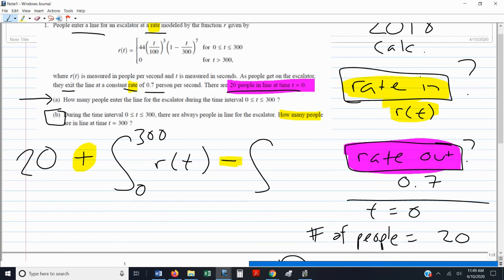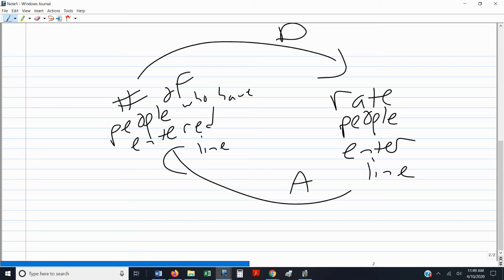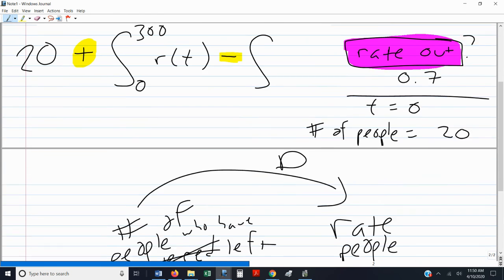That's our rate out. So I could go back to the same diagram and just change it, rate that people leave the line. The antiderivative would give us the total number of people who have left the line, whereas the derivative brings it back to the rate of change of people leaving. Antiderivative is that total accumulation, or just total number of people that have left the line.